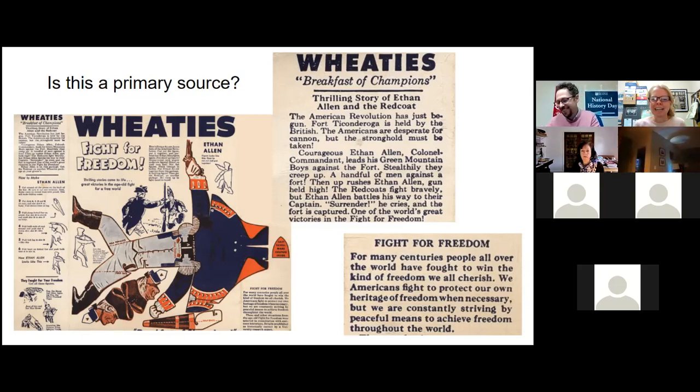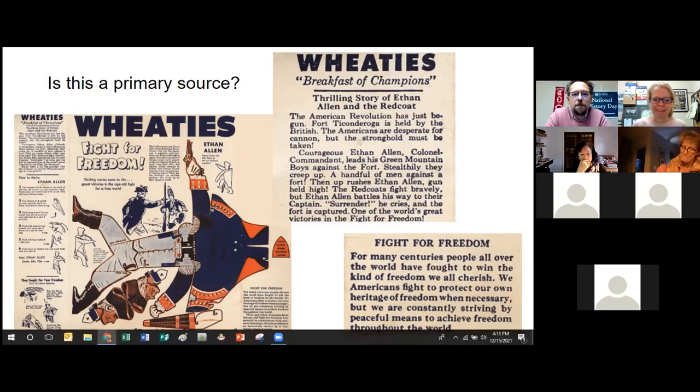It's one of my favorite primary sources that we have here in our collection. I made two of the pieces a little bit larger. But a question for you: is this a primary source? Because Ethan Allen lived in the 1770s. All right, so I like a question, is it part of a campaign?